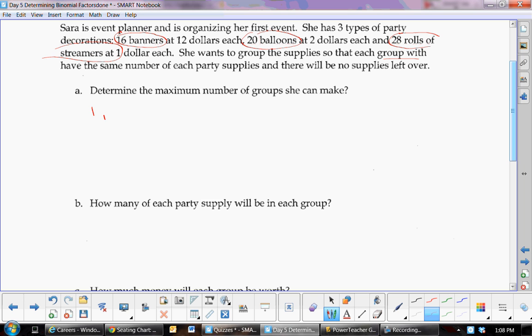Let's call them a pile, because 1 pile would have 16, 20, and 28. Obviously, those will be distributed equally because you've only done 1. Now, what's another option? 2 piles, right? And in each pile, there would be 8, 10, and 14.